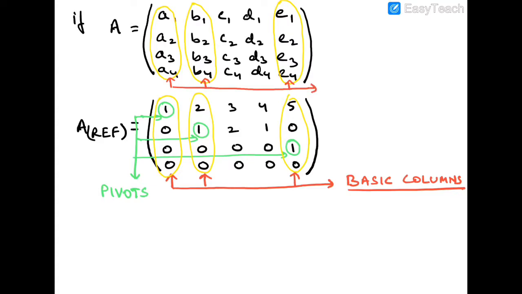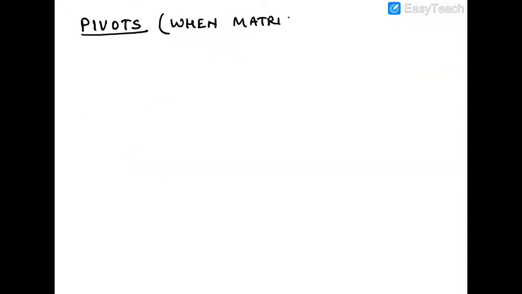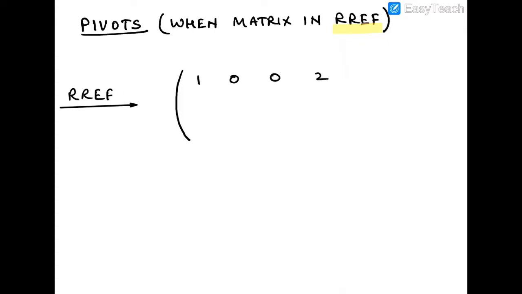So the columns that contain pivots are called basic columns in REF or RREF, whereas in the original matrix they are called pivot columns. Now, pivots when the matrix is in reduced row echelon form, that is RREF. So let's take a matrix in RREF, and that is 1 0 0 2, 0 1 0 1, 0 0 1 3.